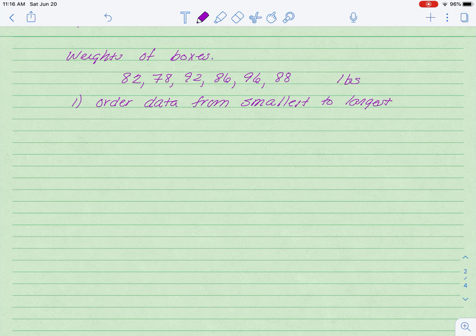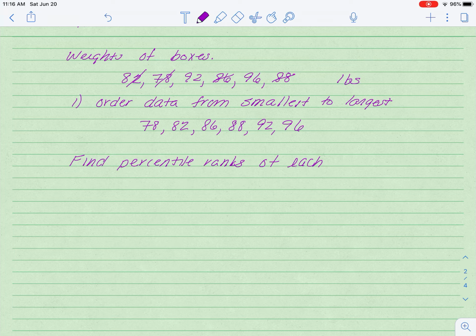If we order our data, 78 is the smallest, and then 82, 86, 88, 92, and 96. So now we have our data from smallest to largest. And now the question we want to answer is to find the percentile rank of each value in the data set.